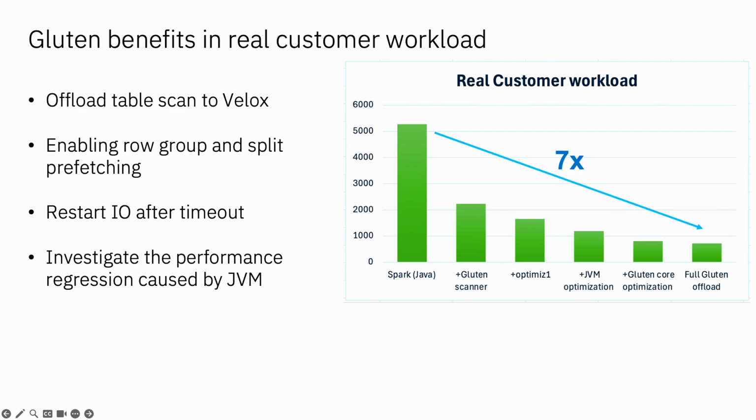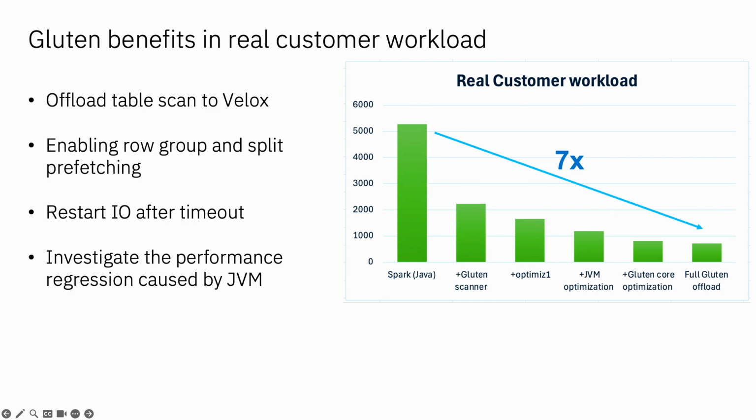And then here's another picture for the benefits we observed from the custom workload. In this picture, on the left, it's the default Java Spark performance. And then we introduced several optimizations, including the offload scan-only option.